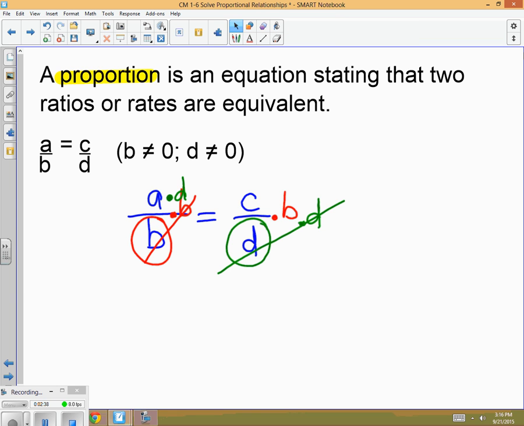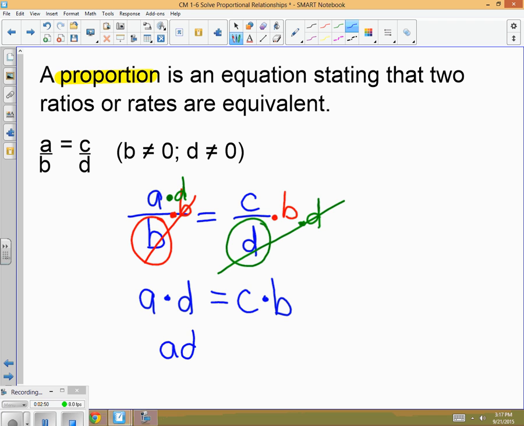So now I am left with A times D equals C times B. We can rewrite it as AD equals CB to show the multiplication.